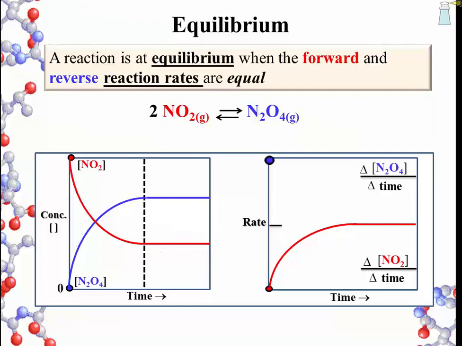The rate of N2O4 is initially large due to the maximum production of product, but decreases as less and less new product is being formed. When the concentration of N2O4 stops changing, the rate levels off. Equilibrium is where the rates of the forward and reverse reactions are equal.